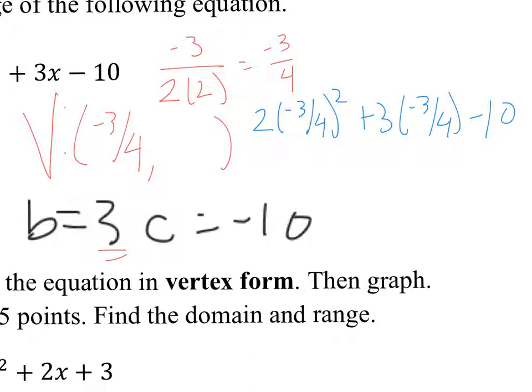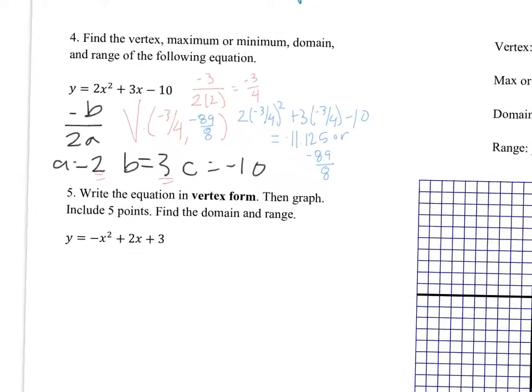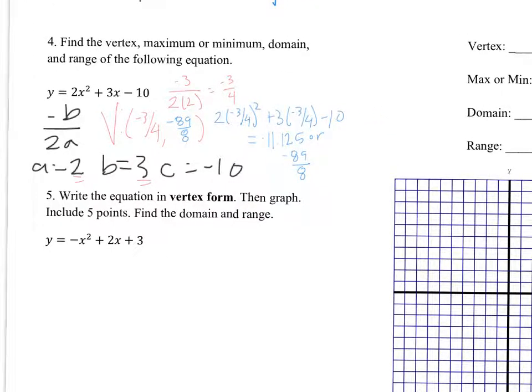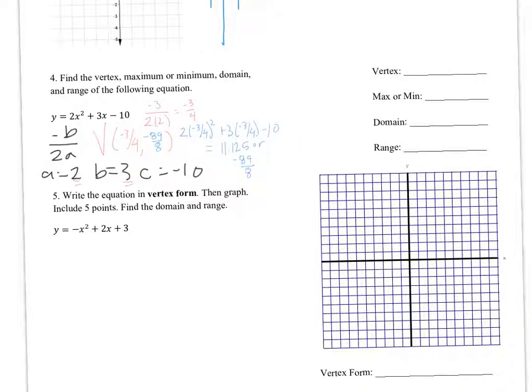This is equal to negative 11.125 or negative 89 over 8. I'm going to leave it as negative 89 over 8 because that's what my x value is in fraction, so I'm going to leave my other answer in fraction. So now, my vertex, got that? Make sure you have parentheses here, negative 3/4, negative 89 over 8.